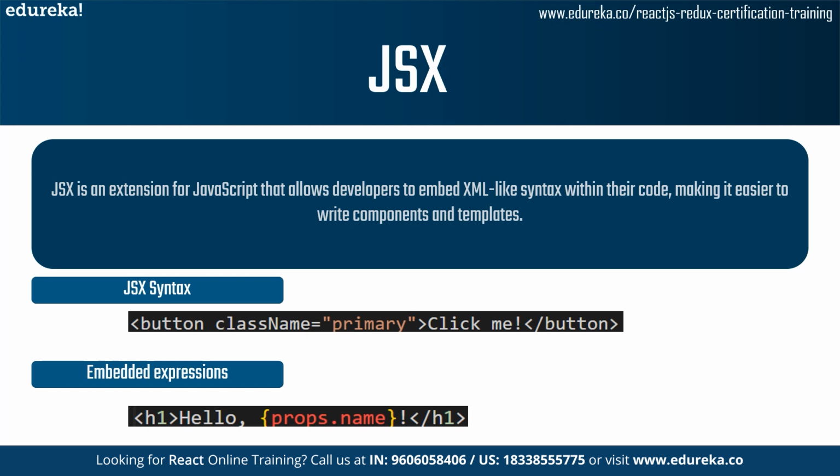So this is a simple syntax for creating a button. And the next one is embedded expressions. Here JSX can also be used to embed expressions within the components. By using curly braces, as you can see we have used curly braces, right? If you want to embed some expression inside the syntax, then you can use curly braces for this.